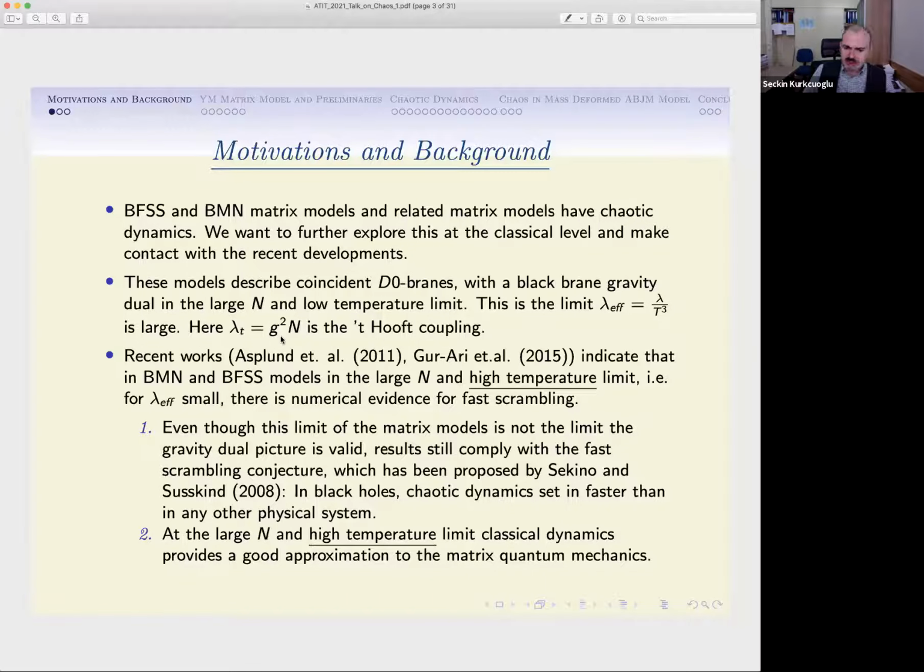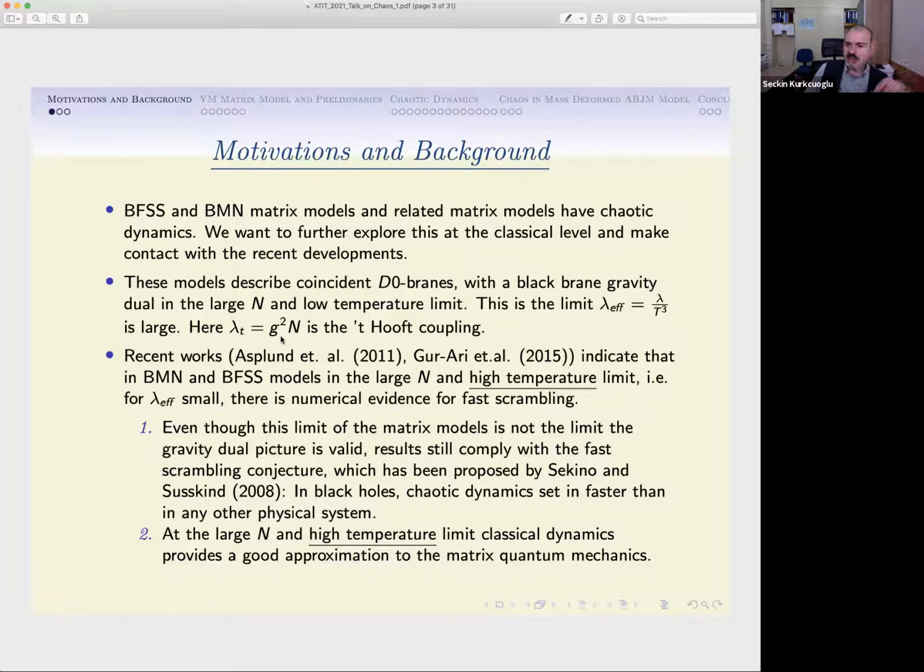There are some not very recent works, well, when we were writing this paper in 2019, maybe they were more recent, but now 2012, 2015, but still there are various works that indicate that one can just consider the classical dynamics of these matrix models, which corresponds to the large N but high temperature limit.